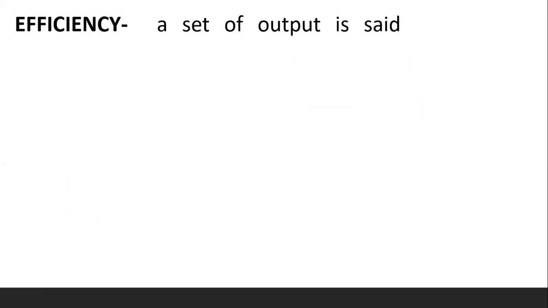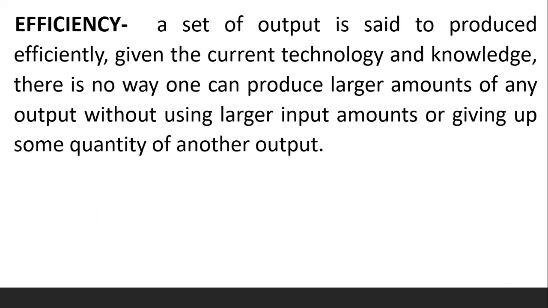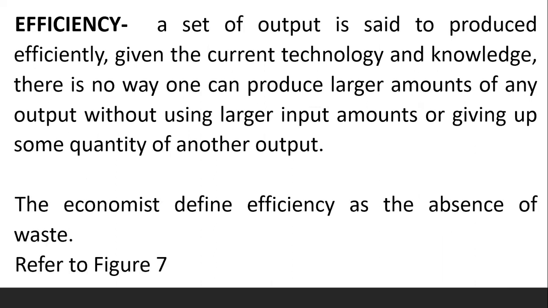Efficiency: a set of outputs is said to be produced efficiently if, given the current technology and knowledge, there is no way to produce larger amounts of any output without using larger input amounts or giving up some quantity of another output. Economists define efficiency as the absence of waste.